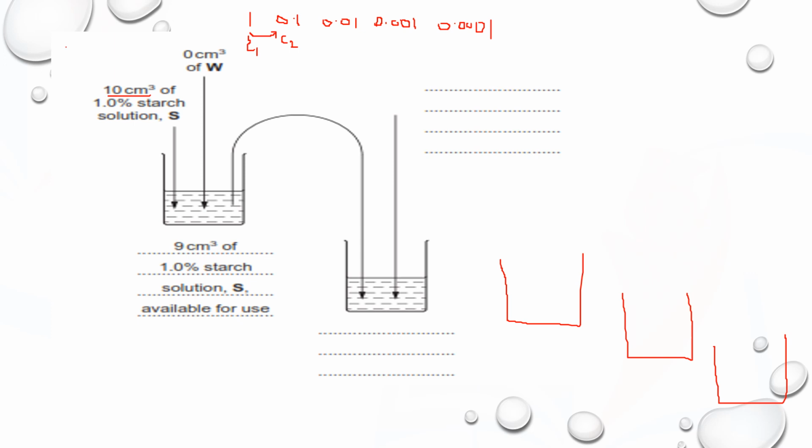So the final volume should be 10 for each of them, right? What I'm looking for is V1. And don't forget the formula. So find me the V1. Remember the dilution formula, right? We know C1 V1 equals what?